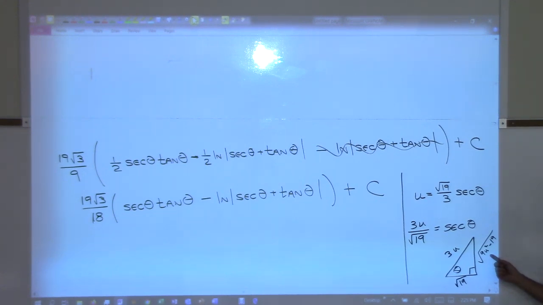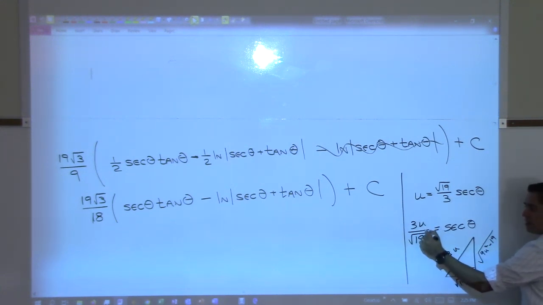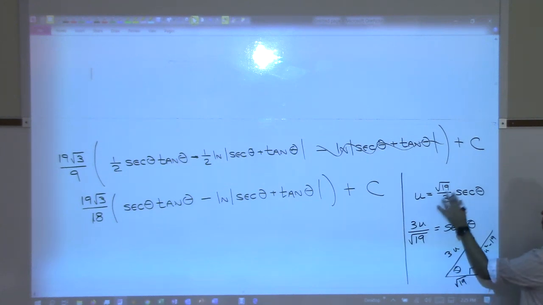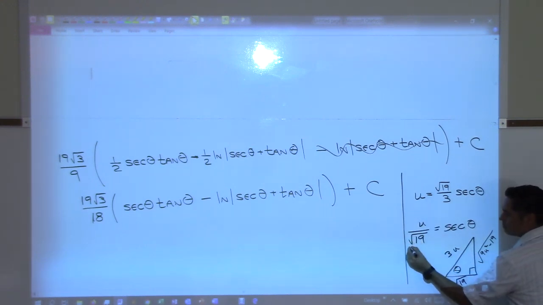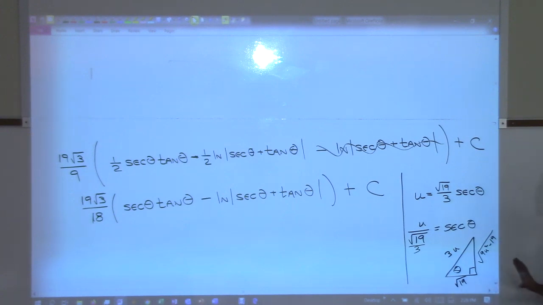Don't freak out, okay? Because you know how I did this right here like this? I could have, if I wanted to, put this constant right here like this. That would have been the same thing. Then I would have called this side u and this side root 19 over 3. And then if you do it, you get u squared minus 19 over 9 or whatever it was.